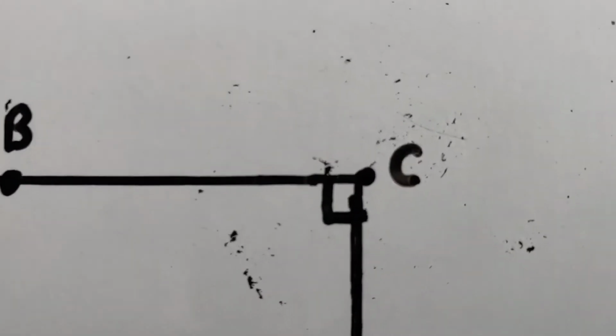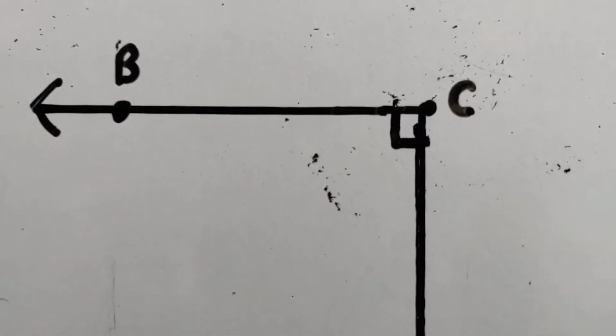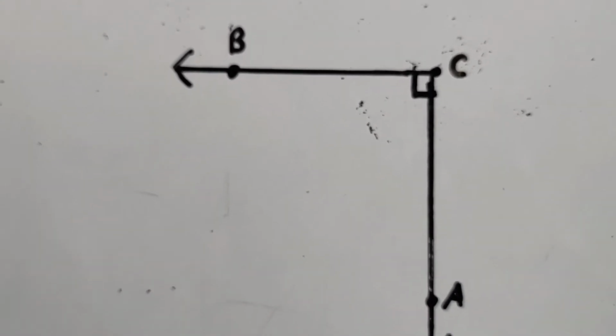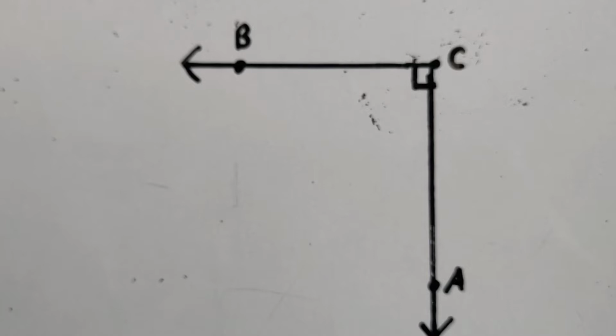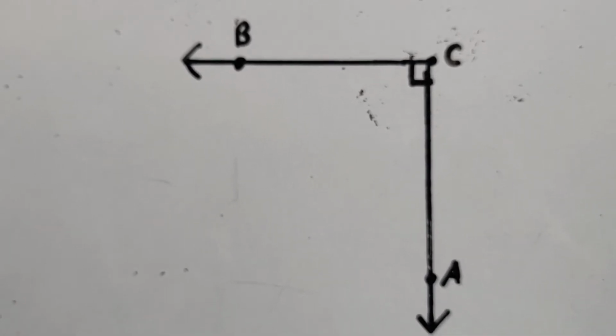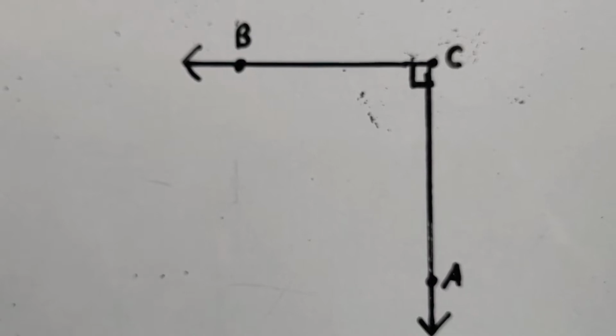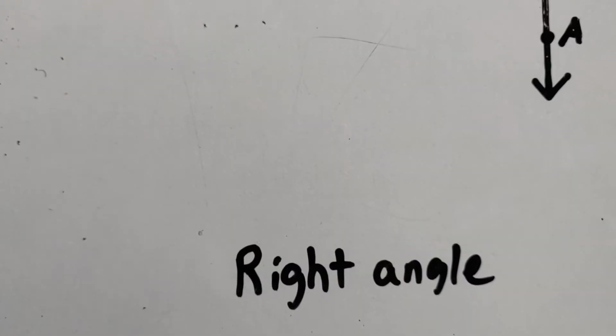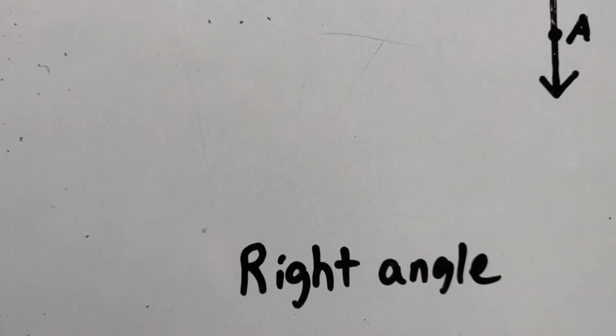And notice that there's that little part of that square left there to show us that it's a right angle. So here we would say that ray CA and ray CB form a right angle.